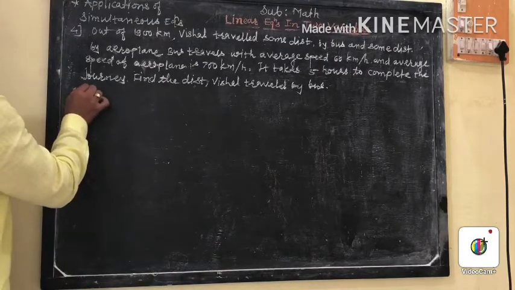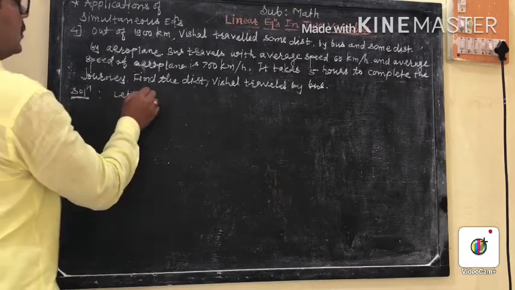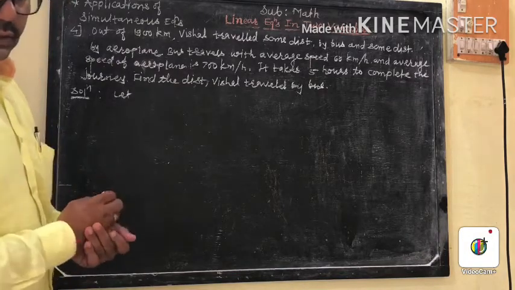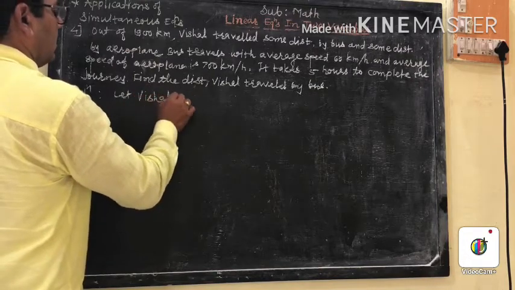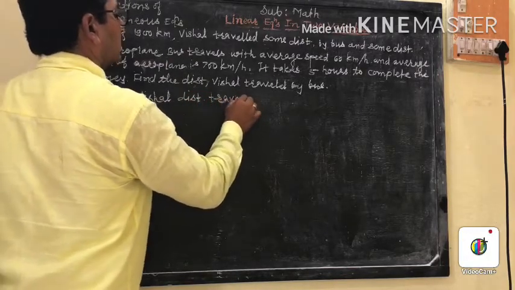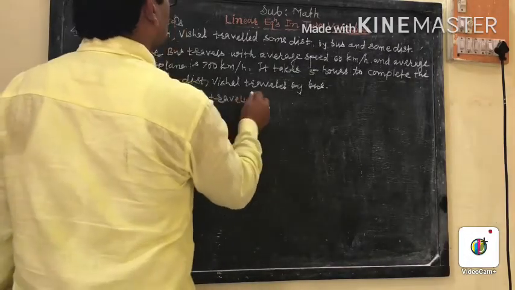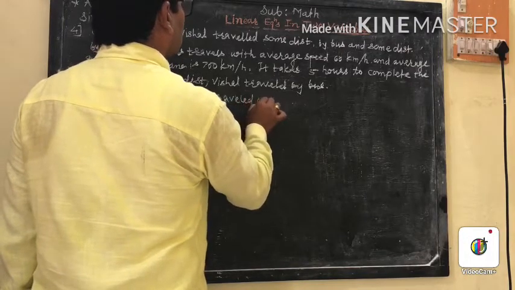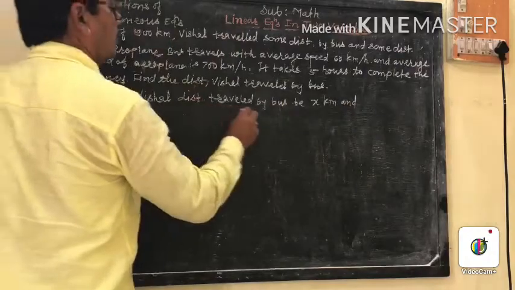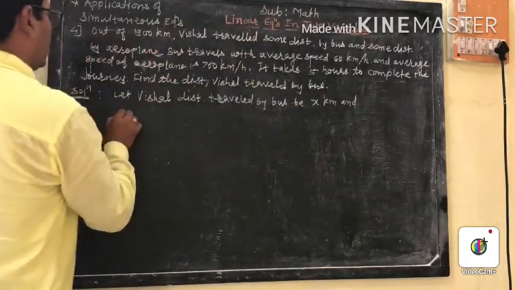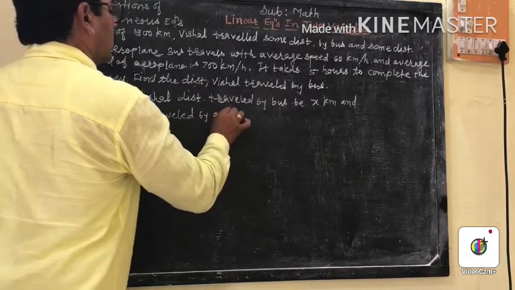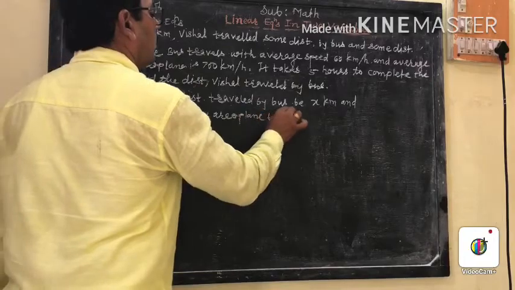Now we consider here, let the distance traveled by bus by Vishal be x kilometer and the distance traveled by aeroplane be y kilometer.